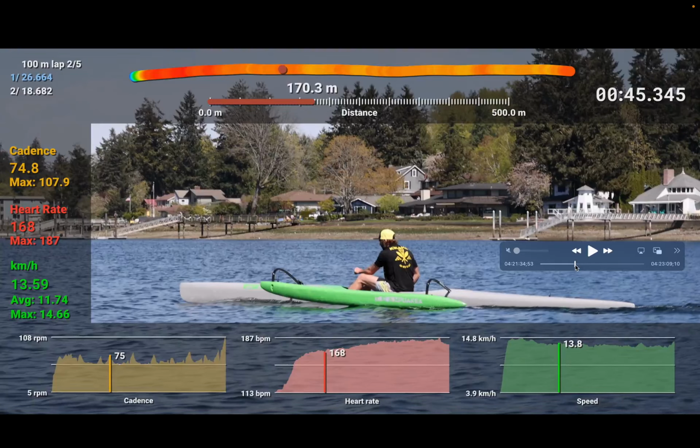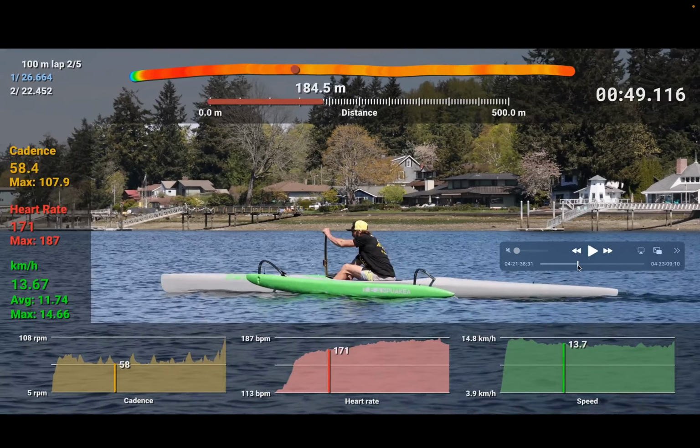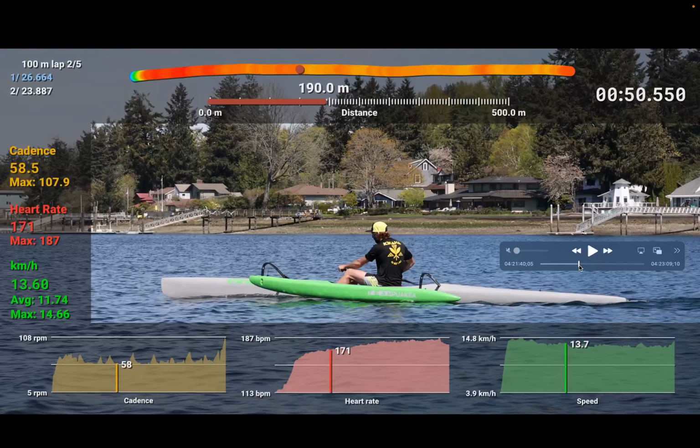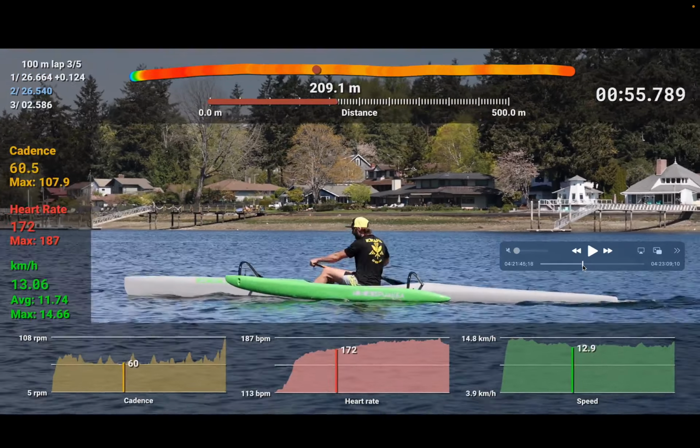So 75 right side, 13.8. It seems like your right side can handle that higher stroke rate and actually does something with it. But on your left side, a higher stroke rate maybe can't handle that speed. Right side 56, you have a lower stroke rate here, but your speed is still pretty much the same.